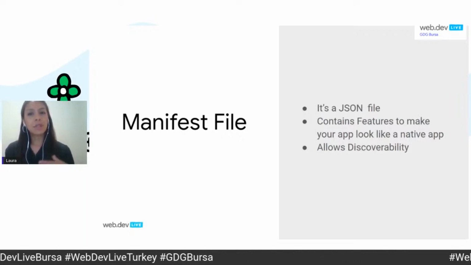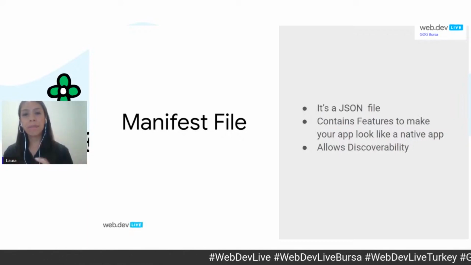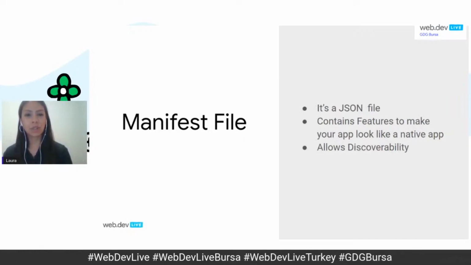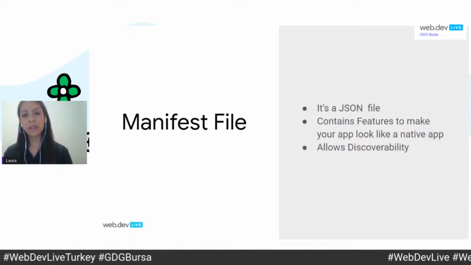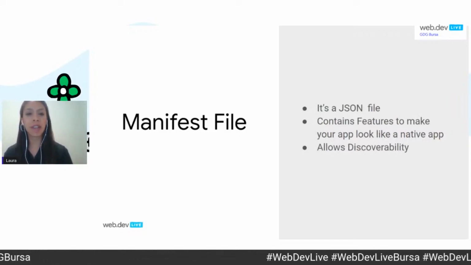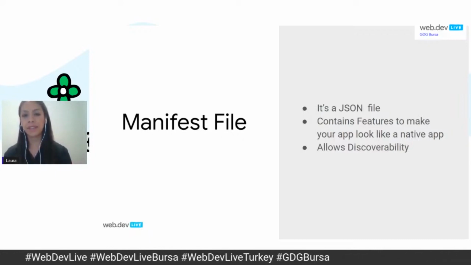So let's go back to the installation property. We were talking about the manifest file. That's something that I told you at the very beginning. The manifest file is one of the things that you need to have in your PWA. This is the technical definition.